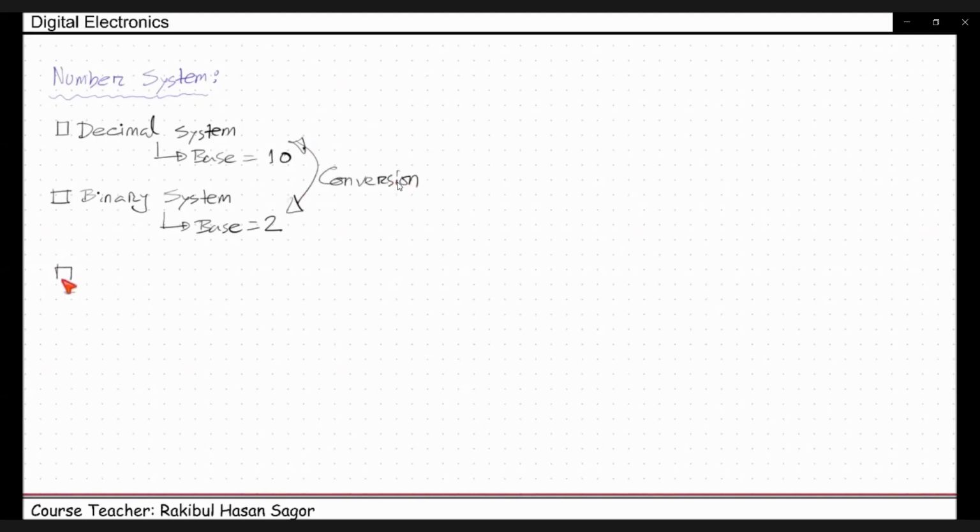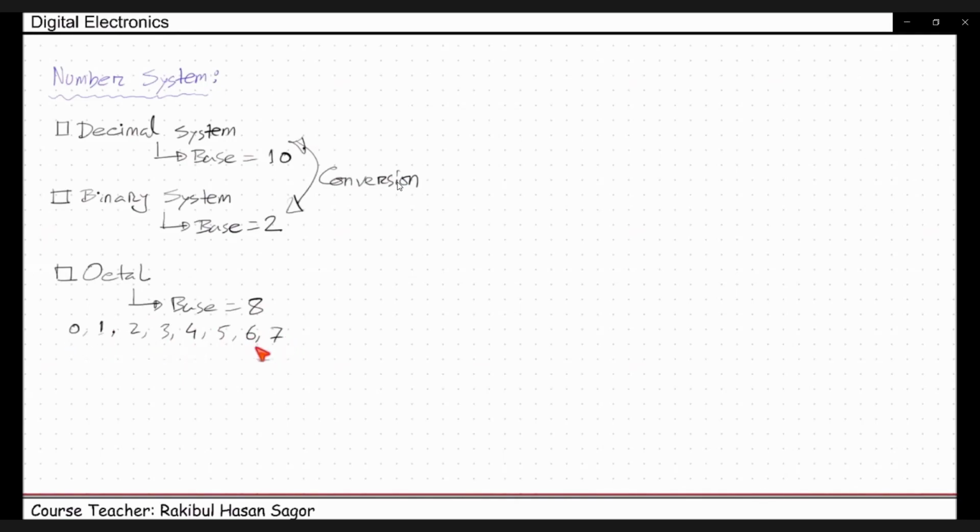There are other number systems which are used widely for designing computer systems. One is the Octal System that has base equal to 8. That means the symbols start from 0, then go to 1, 2, 3, 4, 5, 6, 7.